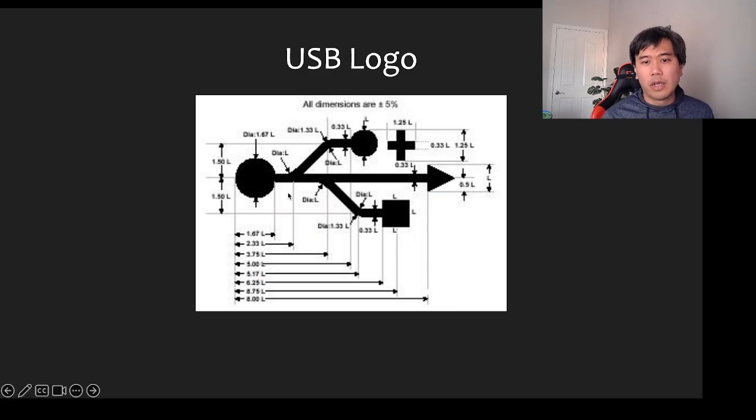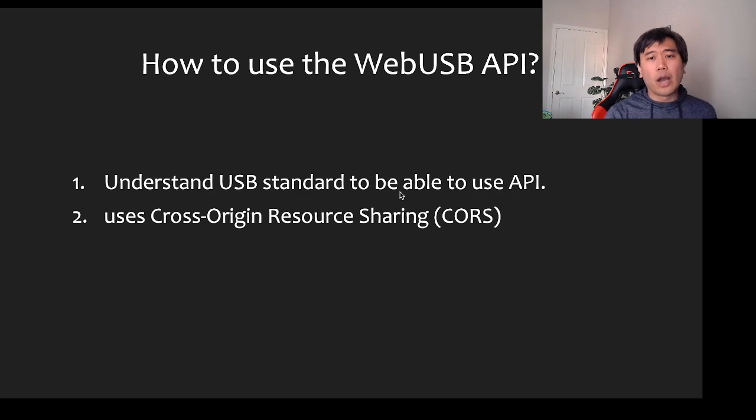So you have these three forks, and notice how there's a circle, triangle, and square denoting different peripherals connecting to your device, and they're becoming standard. Anyway, interesting logo.